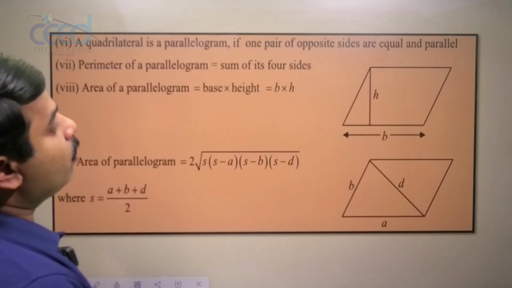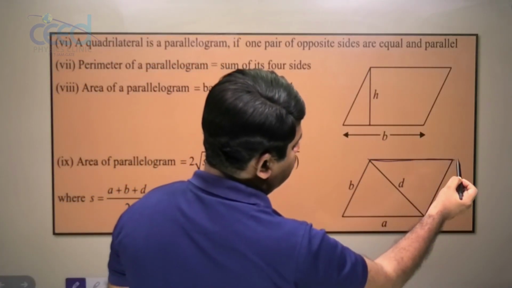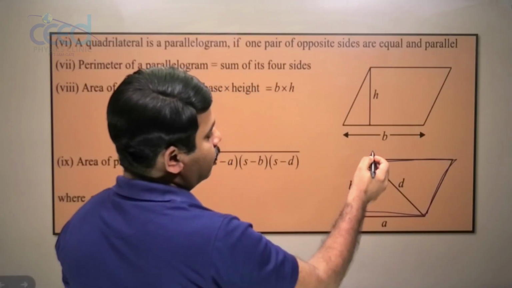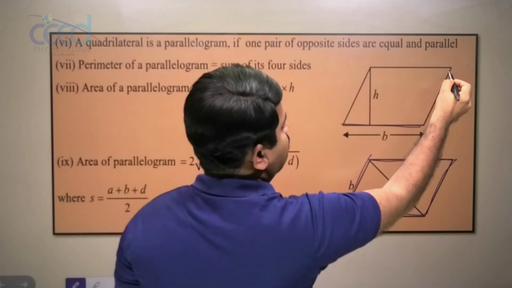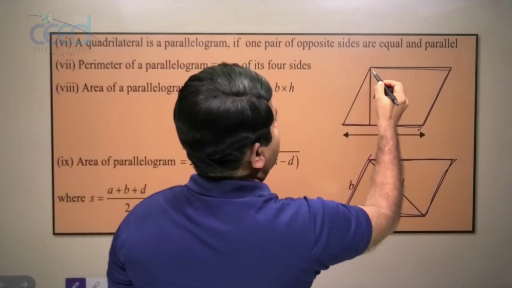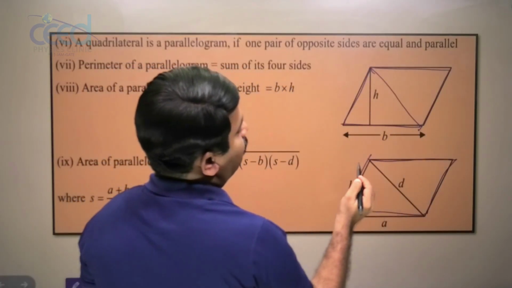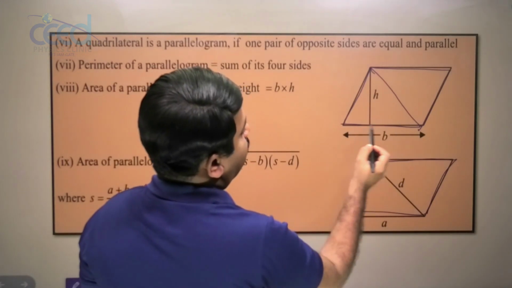See, for the area of the parallelogram, we have already seen this is a parallelogram, right? Now suppose I draw a diagonal. So what is this triangle's area?